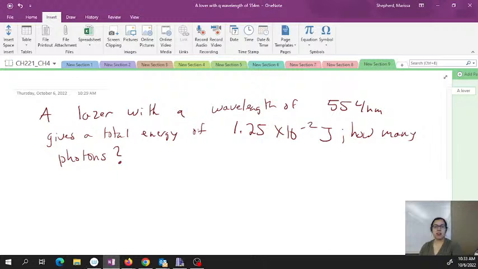So how can we get the energy of one photon, or what do we know? It's probably wrong, but we take the E equals hc divided by wavelength and mess with it to make it E times wavelength over h equals c, and it's all from there.